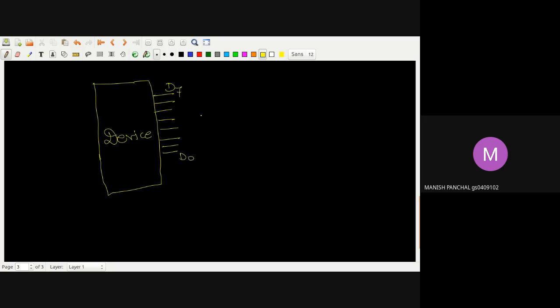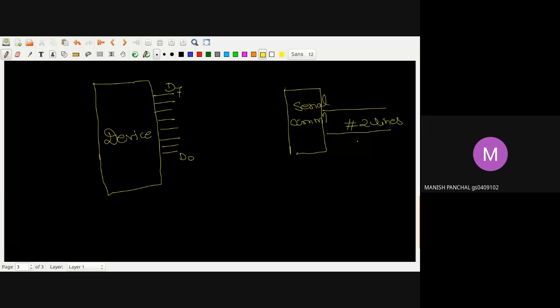Here I want to do serial communication. How can I do it? Because in serial communication, the D0 to D7 data will travel on these two lines. So the number of lines here is two.